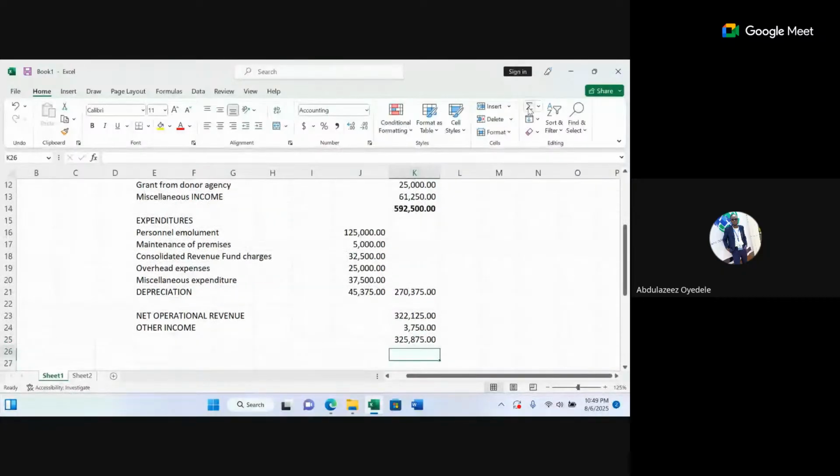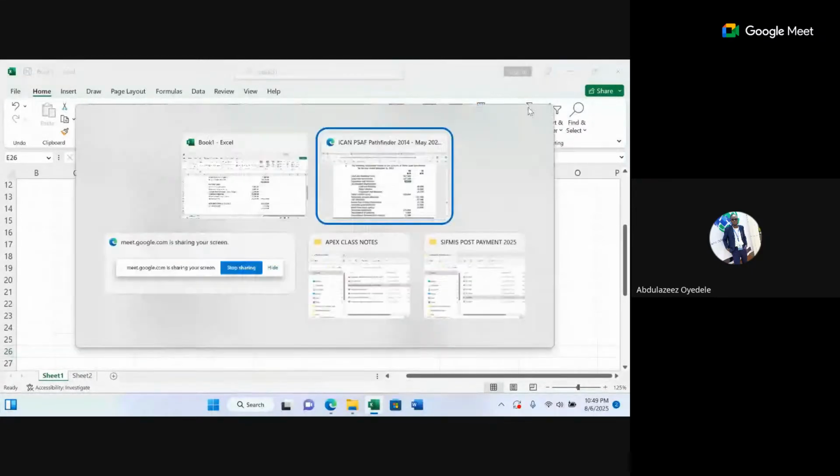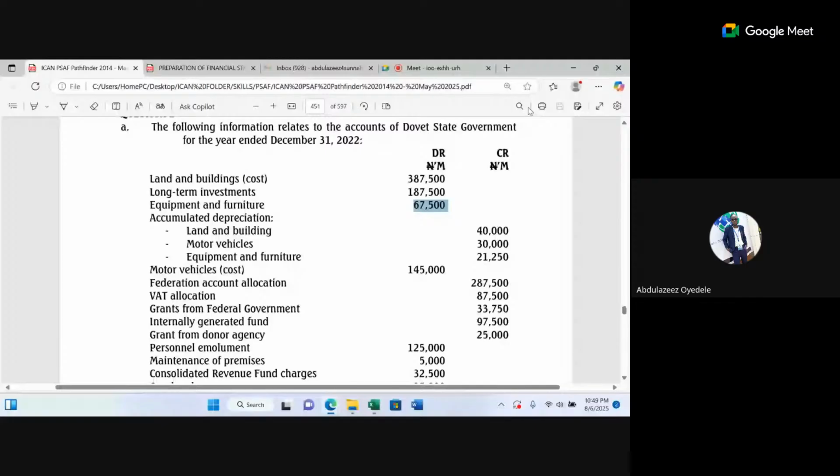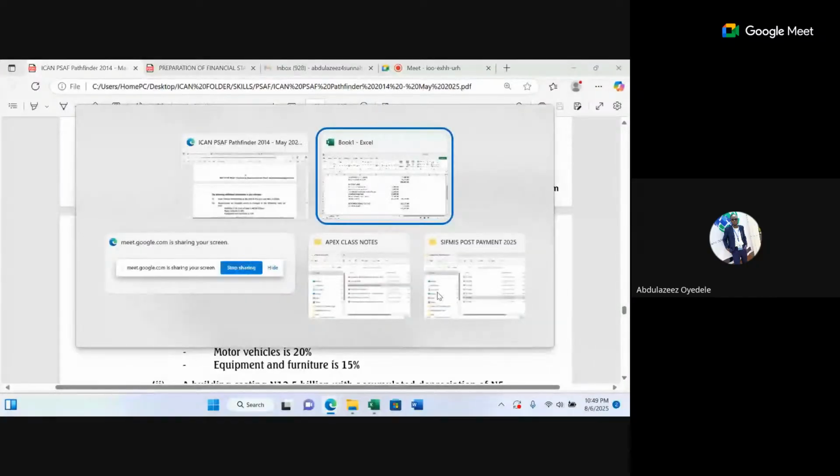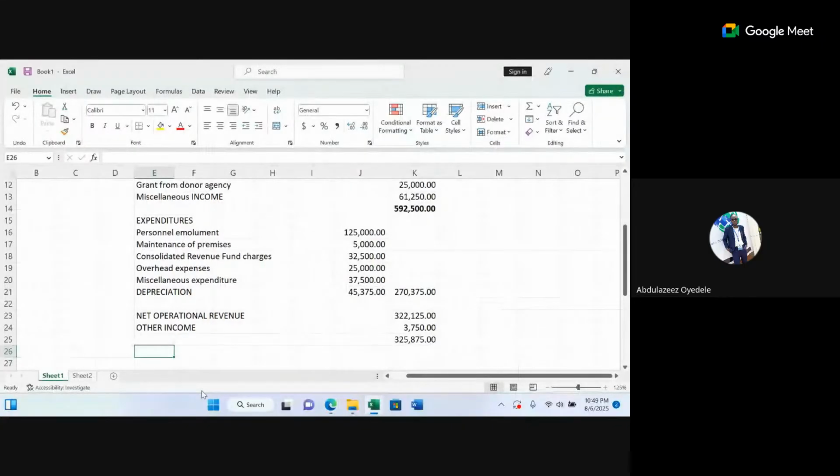Then we can bring our finance costs into it, which is the interest in the additional information. We are told that there is an interest outstanding that they have not paid, which means they have incurred interest on loan, which is 12.5 billion. So we can bring that interest on loan, or we call it finance costs.